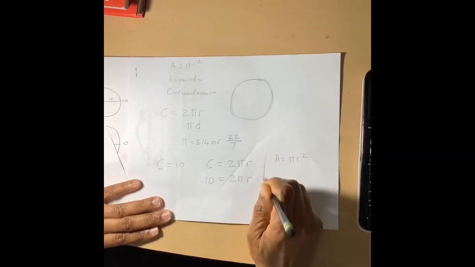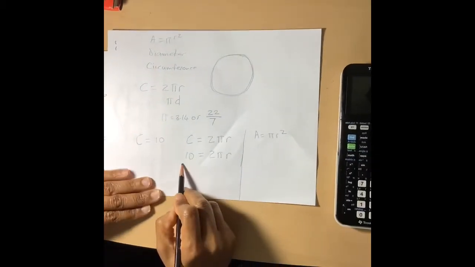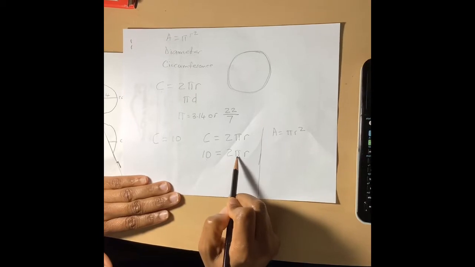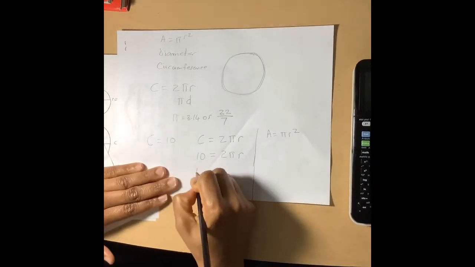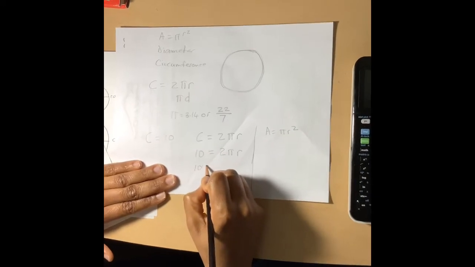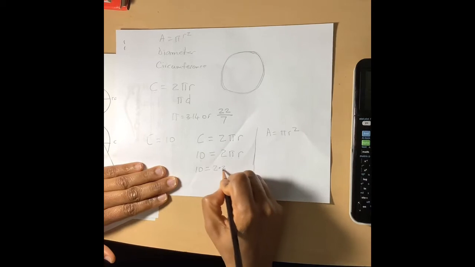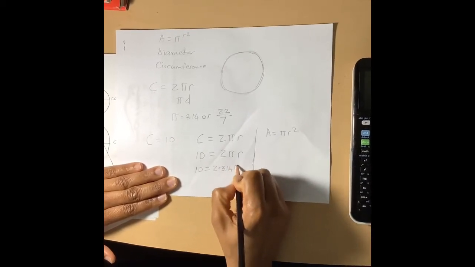So first let's solve this part of this equation. Since 10 is equal to 2 pi r, and we know what pi is, let's plug in for pi. 10 is equal to 2 times 3.14 r.